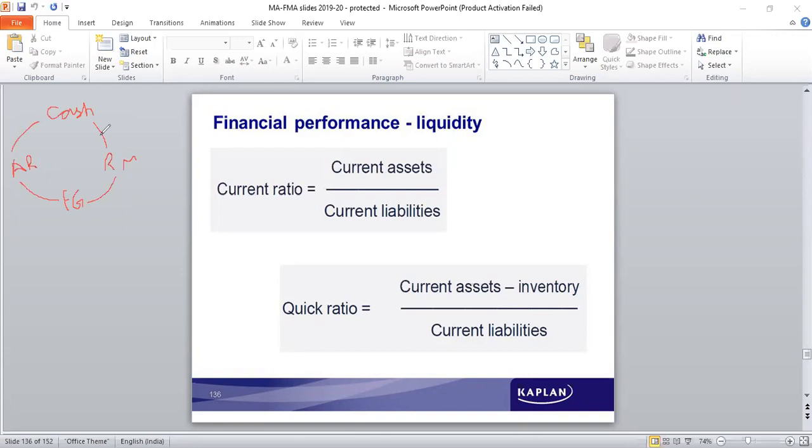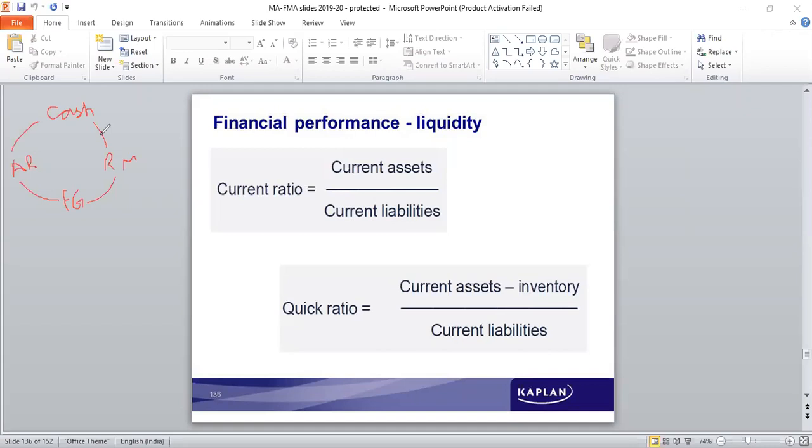So the short-term position can be calculated by way of calculating liquidity ratios. There are two important ratios under liquidity. The first one is the current ratio, the relationship between current assets and current liabilities. So in what proportion are these two things available?